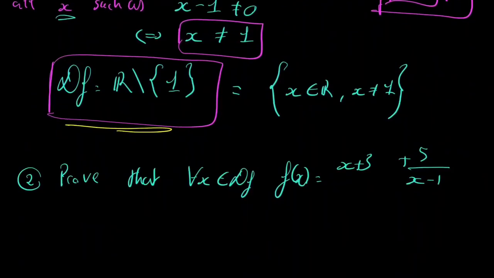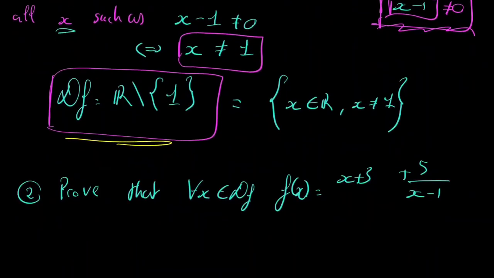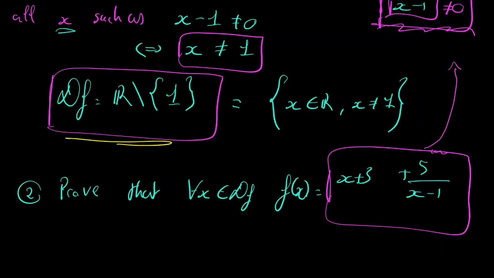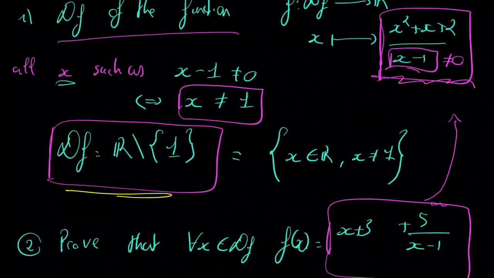So what do we want to do? We want to prove that this expression here is equal to this expression. The easiest way to do so is to start from this expression and put everything under the same denominator that we can see here. And hopefully we will find this at the top.